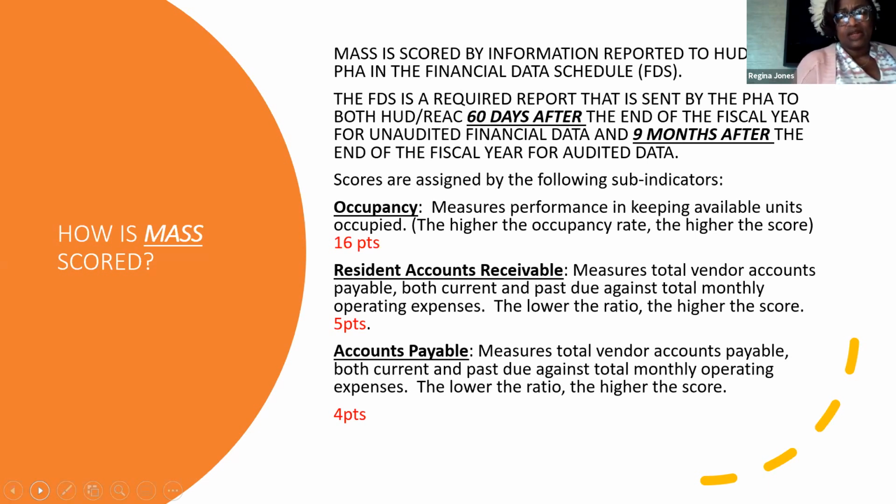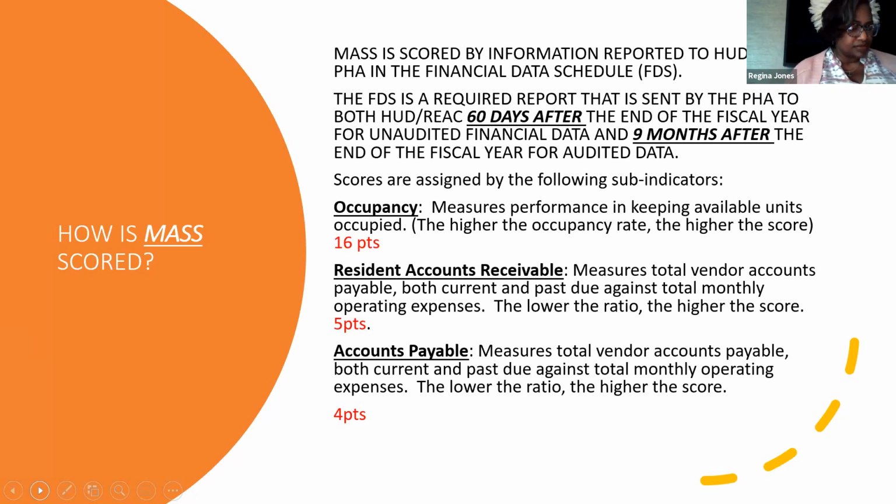The sub-indicators that are looked at for MAS are occupancy, which is given a score of 16 points, resident accounts receivable, which is given a score of 5 points, and accounts payable, which is given a score of 4 points.